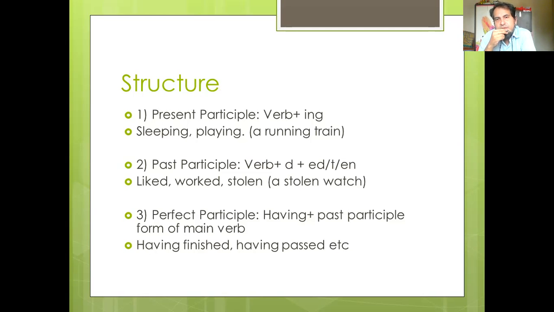All show that I saw a baby or a cat that was playing or sleeping. That means in what condition was it? It was in a sleeping or playing condition. That means it works as an adjective, and that is the present participle. How is the present participle formed? Verb plus ing. This is the structure of the present participle.